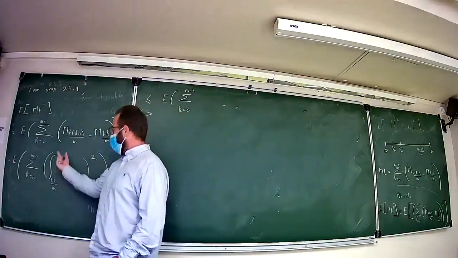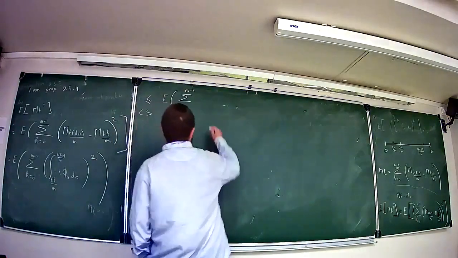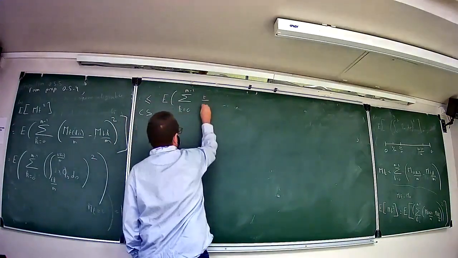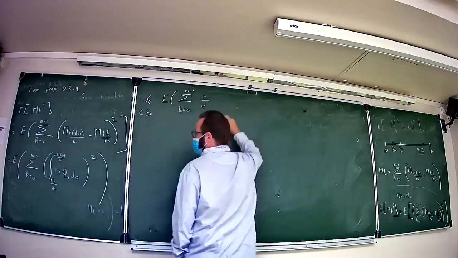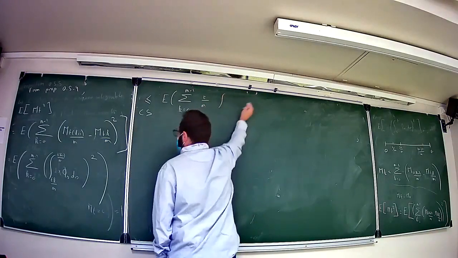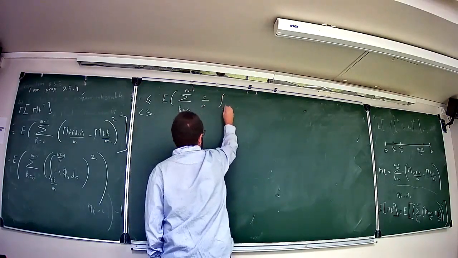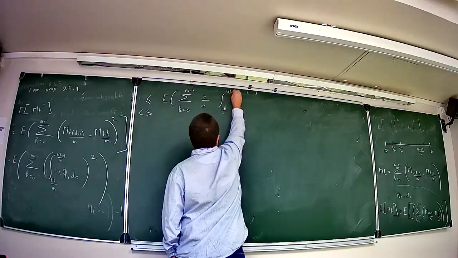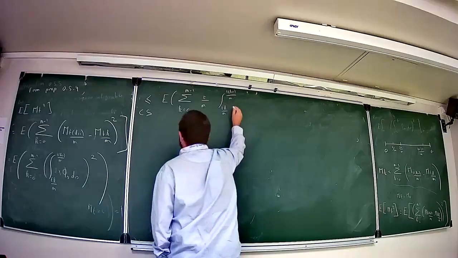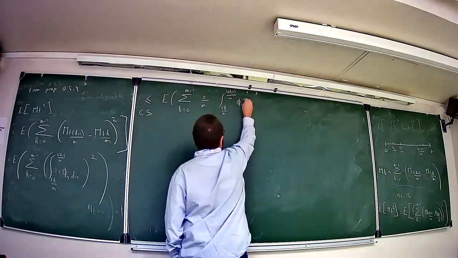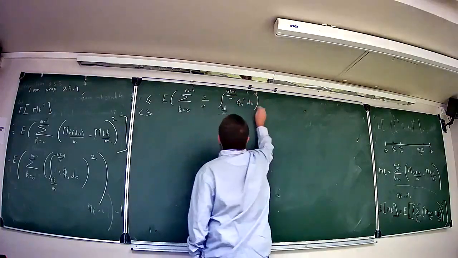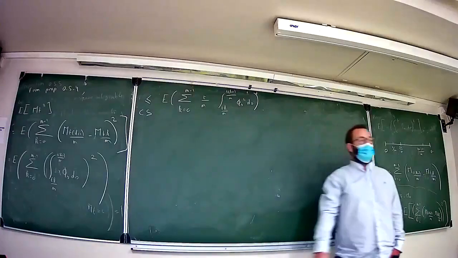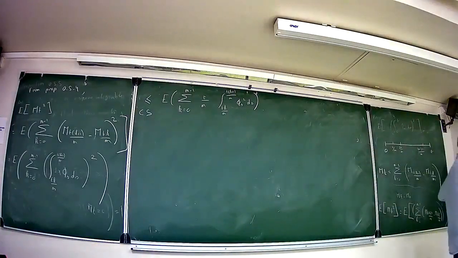I have a square here, so I have just the difference of the bounds, that is t over n, and the integral between t_k over n and t_{k+1} over n of phi of s squared ds. The Cauchy-Schwarz inequality I have previously used.